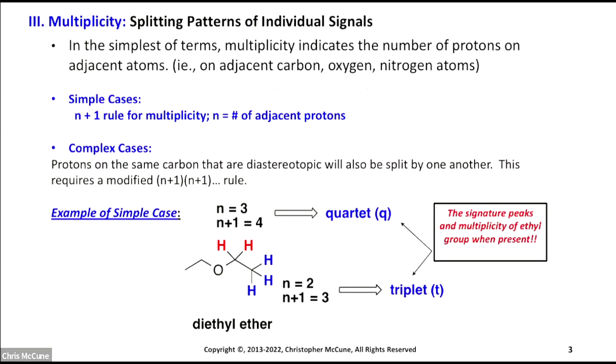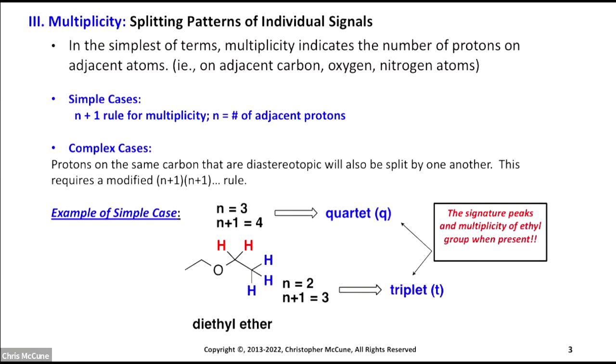And those atoms could be carbons, oxygens, nitrogen, sulfur, you name it. Usually we're talking about carbon, oxygen, nitrogen for most simple molecules. Simple case, the N+1 rule for multiplicity, where N is the number of adjacent protons. So we're going to do an example in a moment.